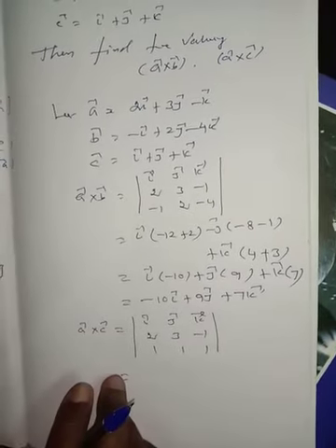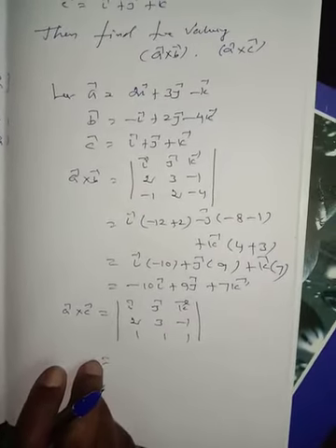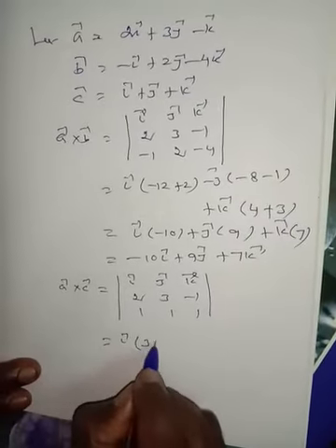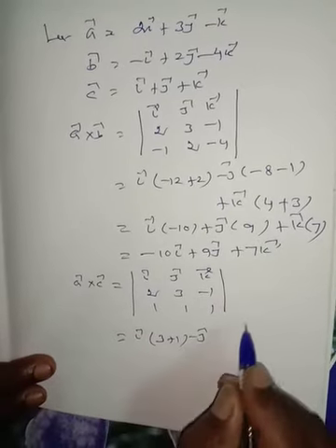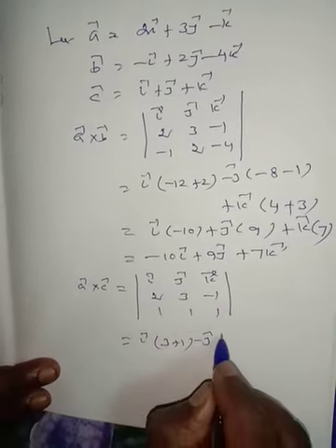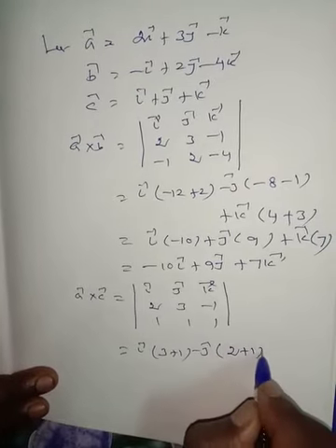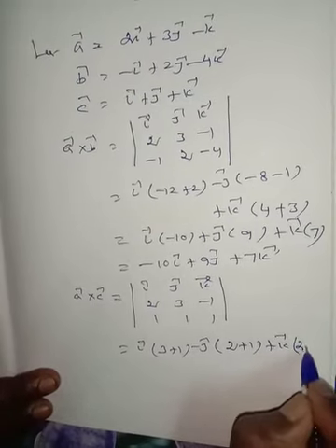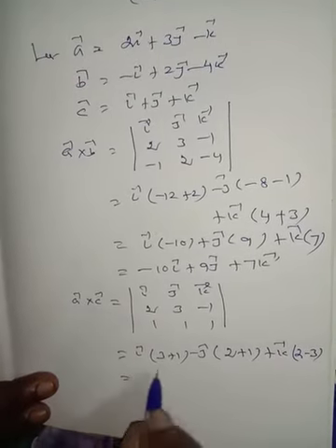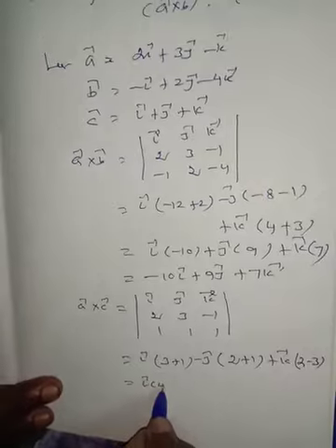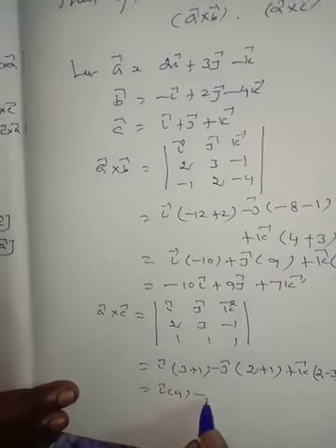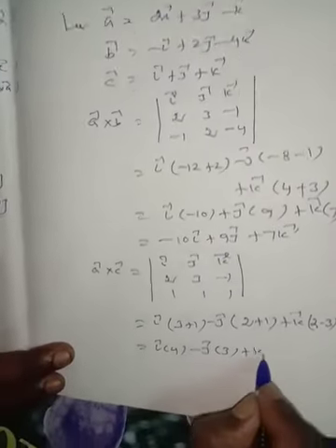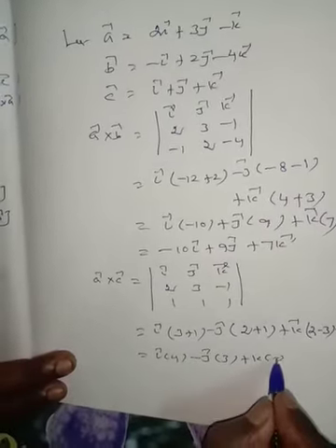Expanding this, I vector into 3 plus 1, minus J vector into 2 plus 1, plus K vector into 2 minus 3, is equal to I vector into 4 minus J into 3 plus K into minus 1.